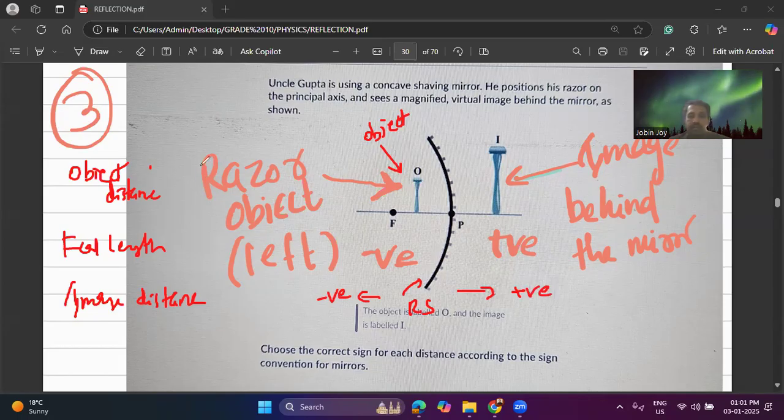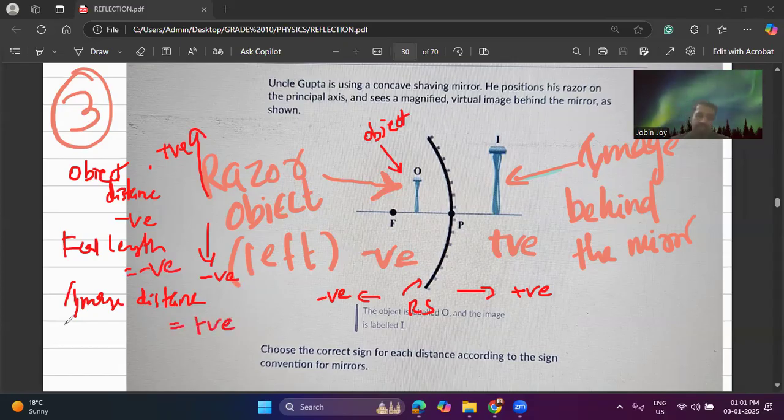Above the principal axis is positive, below the principal axis is negative. So object distance is negative. Focal length is on this side, again negative. Then where is the image? The image is on the other side, so image distance is positive.